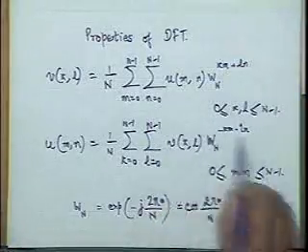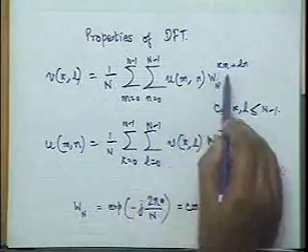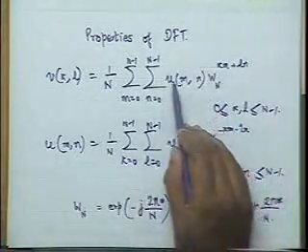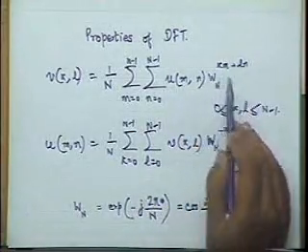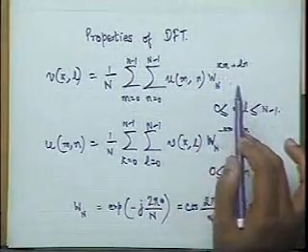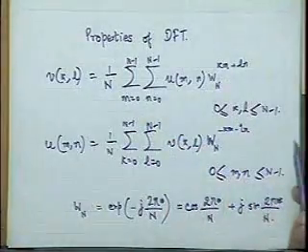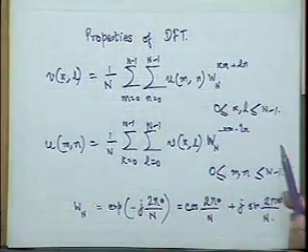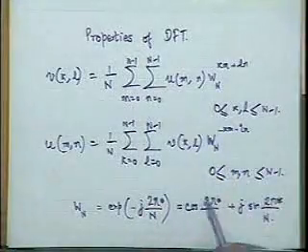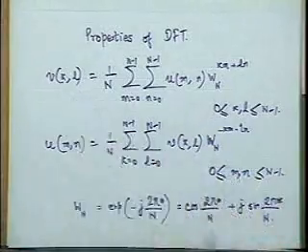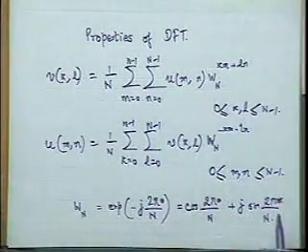So when we transform the original image sequence by this operator, what we get in terms of k and l are the frequency components. So u(m,n) was in the spatial domain, whereas v(k,l) is in the frequency domain.